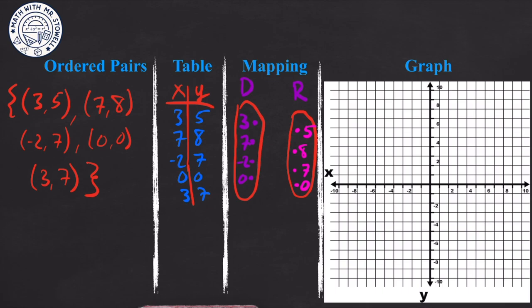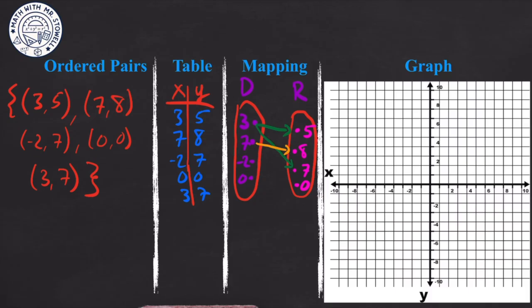Well, 3 can go to 5, or 3 can go to 7. So for 3, we just do an arrow pointing to 5. Then we can do an arrow pointing to 7. We're mapping it from one spot to everywhere it can go in the y values, in our range. The 7 can only go to 8, so we only need one arrow. That goes directly to 8.